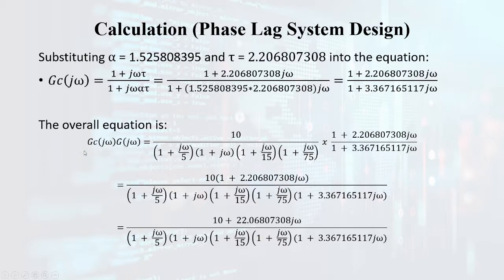So this is the compensated system, and the way to calculate it is Gc(j omega) times G(j omega). After calculating, this is the final answer, but you can leave it in this form.